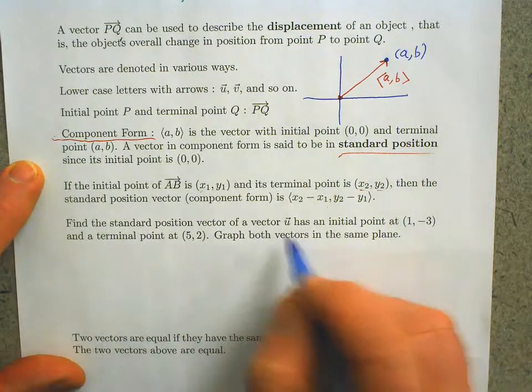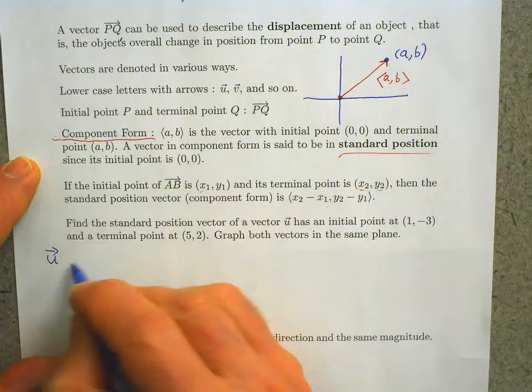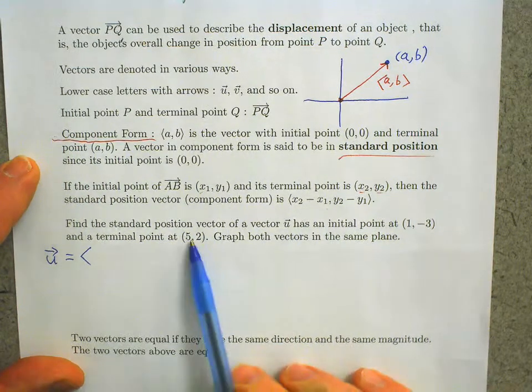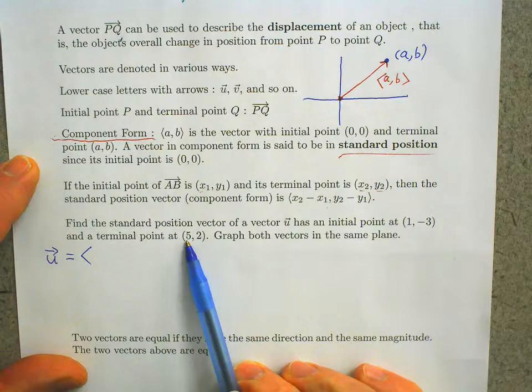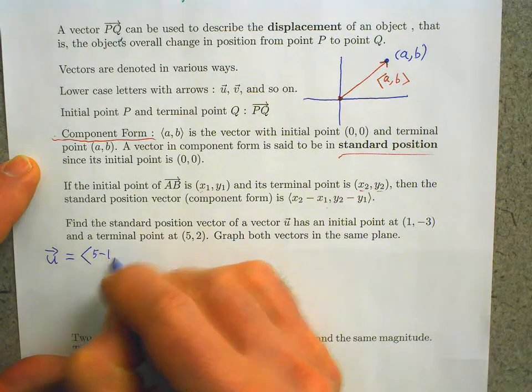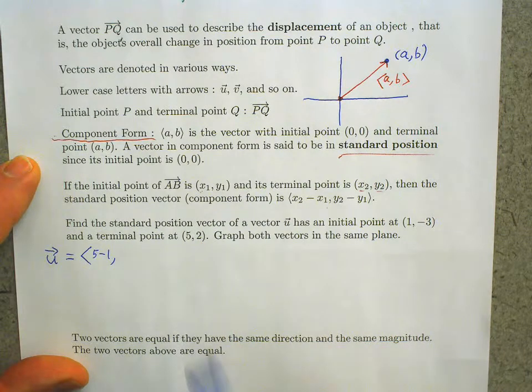Okay, so the vector u in component form then is the first coordinate is 5 minus 1, and the second coordinate is 2 minus -3.